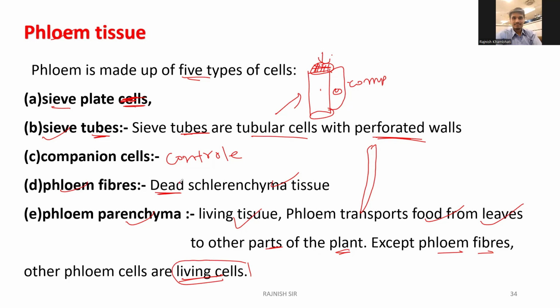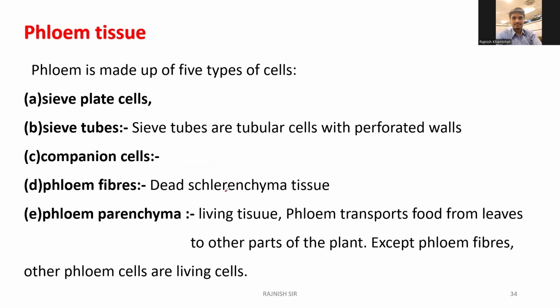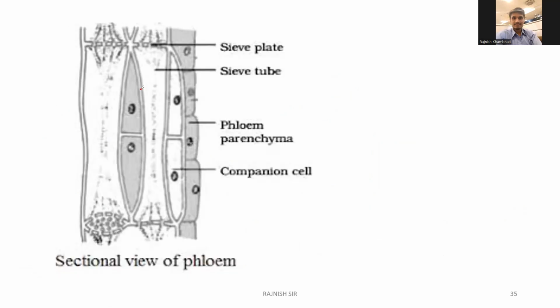Only phloem fibers are dead cells. All others are living, like sieve plate, sieve tube, companion cell and phloem parenchyma. All are living tissue. So this is the diagram. This is a tube-like structure called the sieve tube, and below the tube the sieve plate is there.